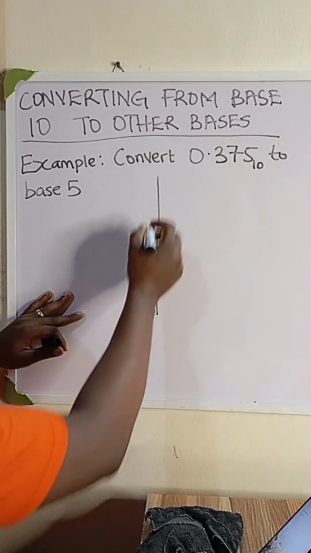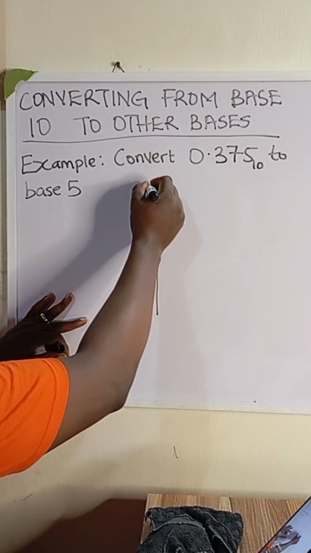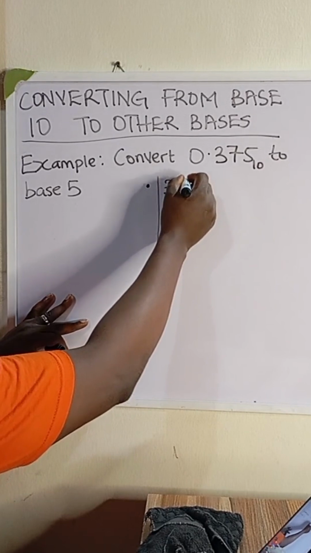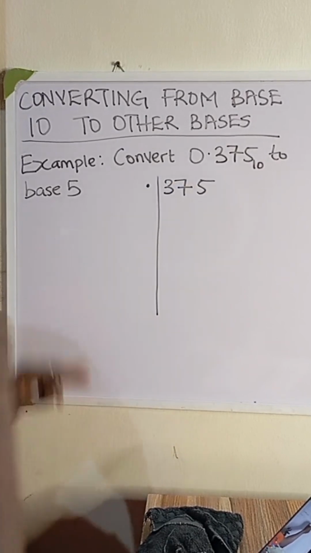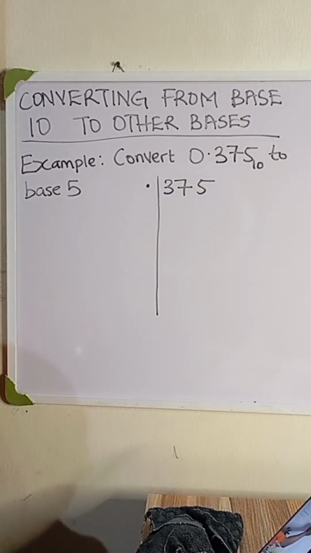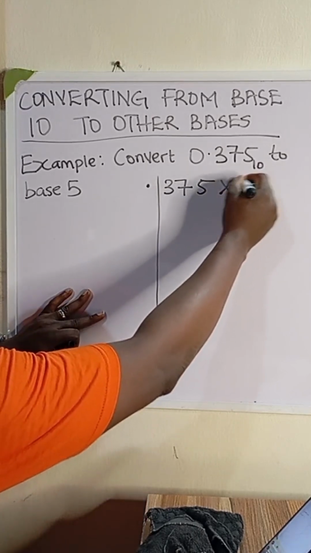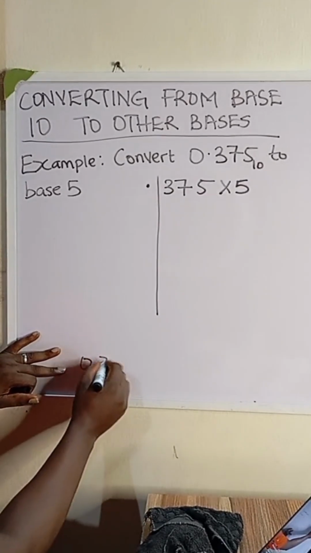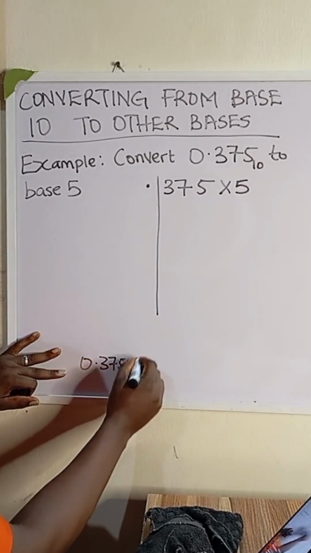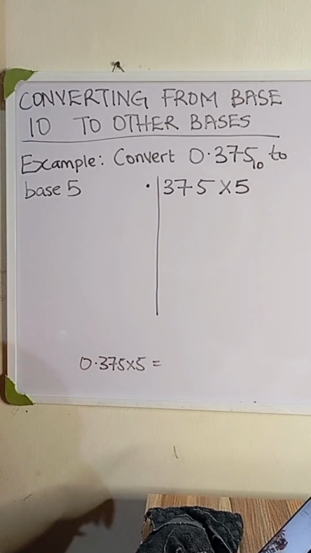So we have 0.375, and we will be multiplying by 5. So that means 0.375 multiplied by 5. What are we going to get? Okay, so we have 1.875.